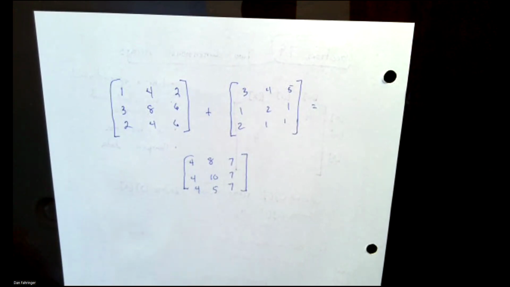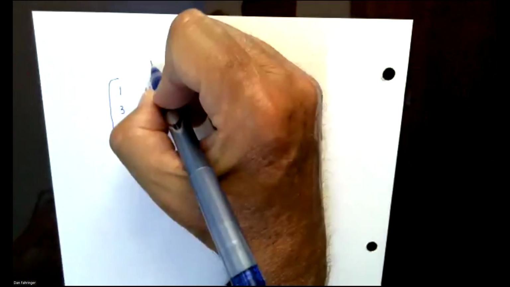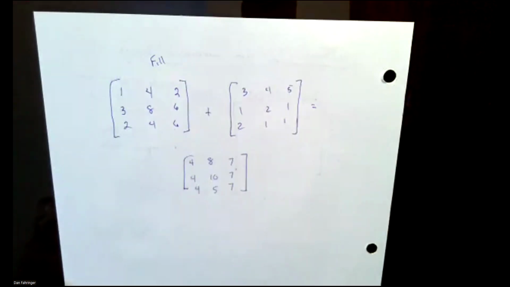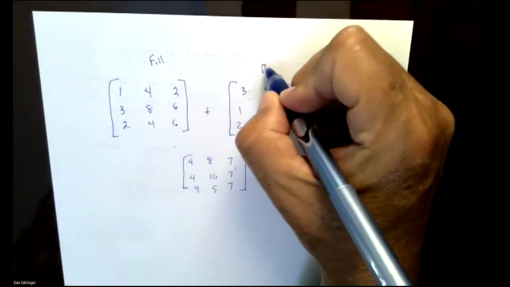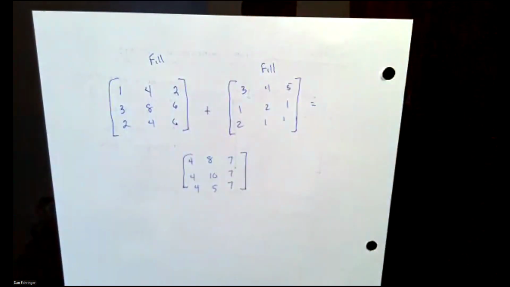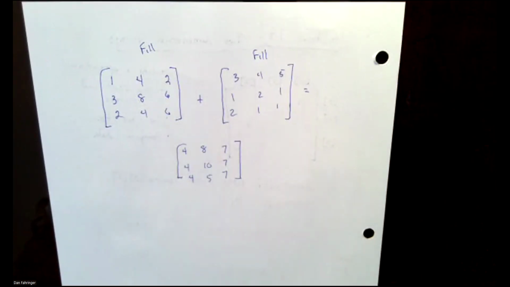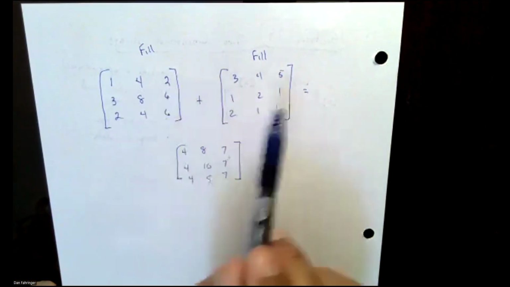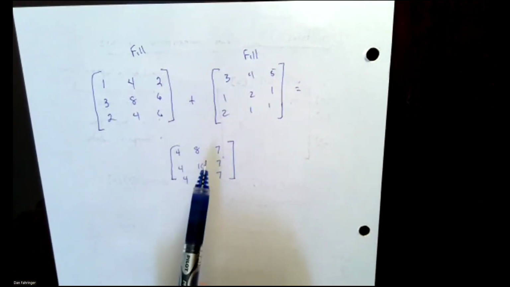Well, I'm going to give you an in-class program. This is a shorty today. I'm going to give you an in-class program that you are going to fill this matrix with numbers. You're going to fill this matrix with numbers. You are going to add these two matrices and then display.